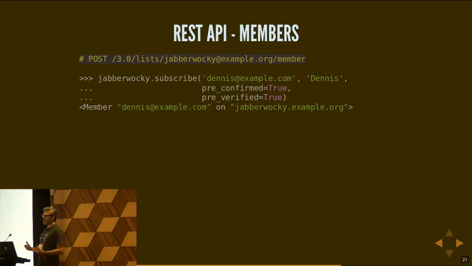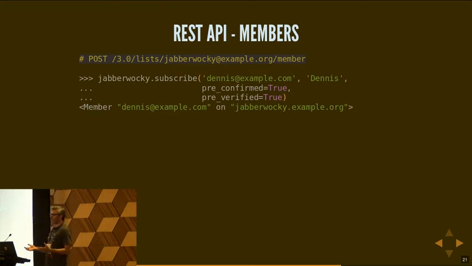So what Mailman will do will send out a notification email to dennis@example.com, and depending on whether pre-confirmed, pre-verified is set to false, or both of them or only one of them, ask them to confirm their email address by clicking on a verification link in the email, or send an email back, or asking Dennis if he actually wants to be subscribed to Jabberwocky at example.org.